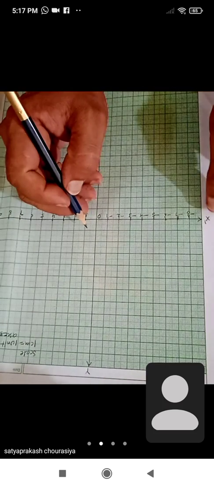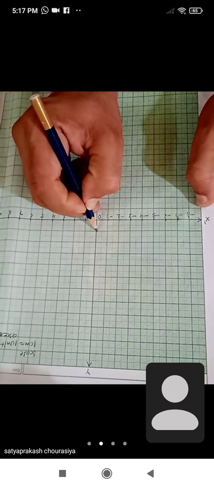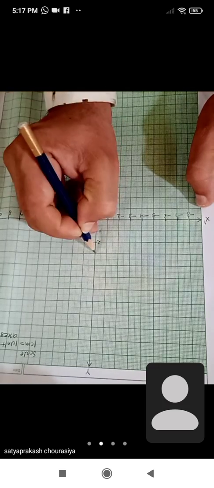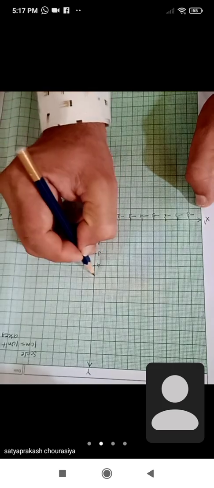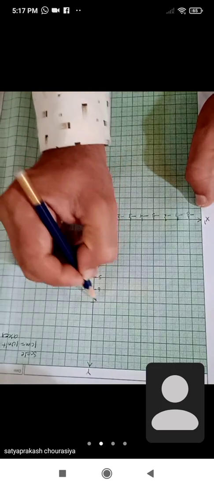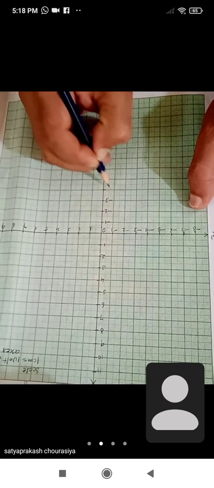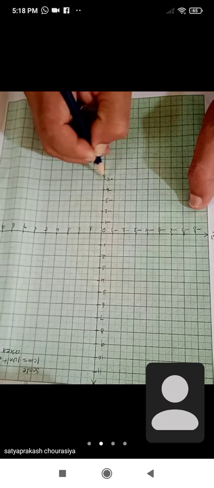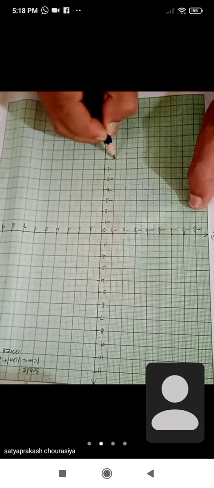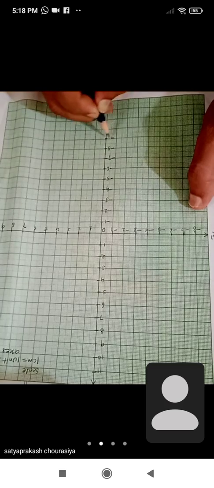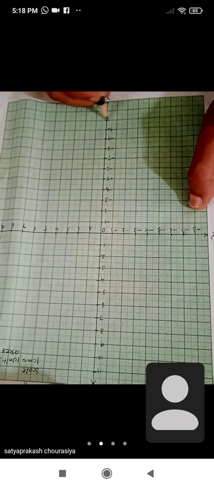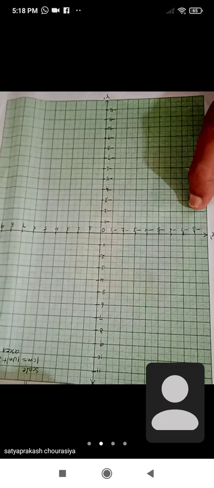On the y-axis, above the x-axis, 1, 2, 3, 4, 5, 6, 7, 8, 9, 10, 11, and below the x-axis, -1, -2, -3, -4, -5, -6, -7, -8, -9, -10, -11, -12.